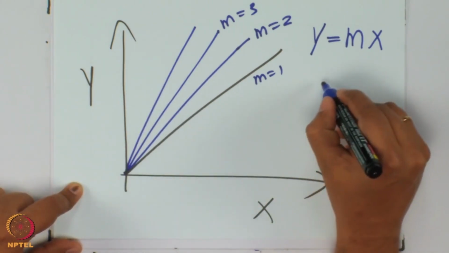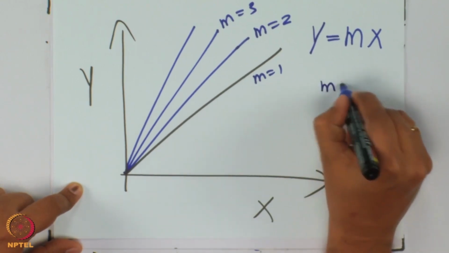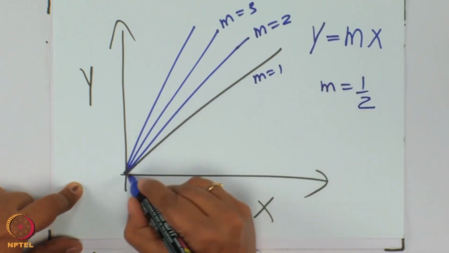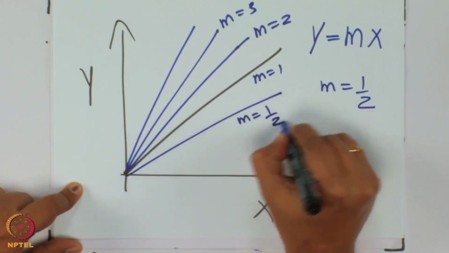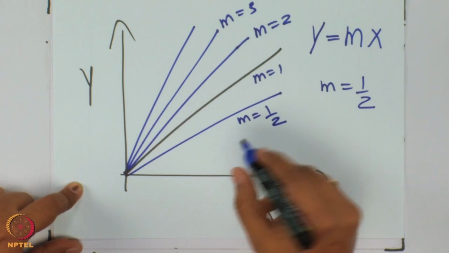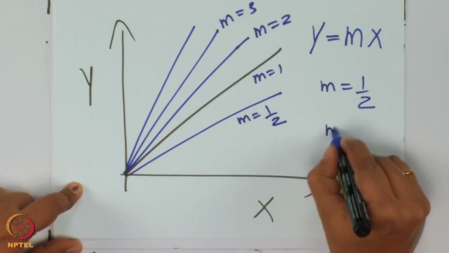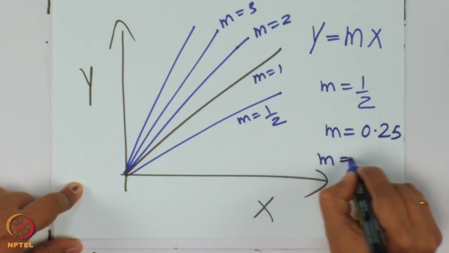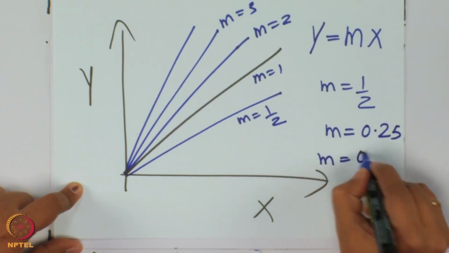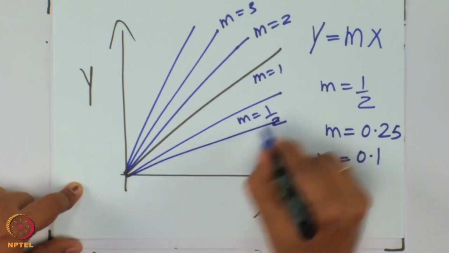Now, I can also have m is equal to half. Then this would come below this, it can look something like this, and m is equal to 0.25, m is equal to 0.1. I can have all these various lines, right.